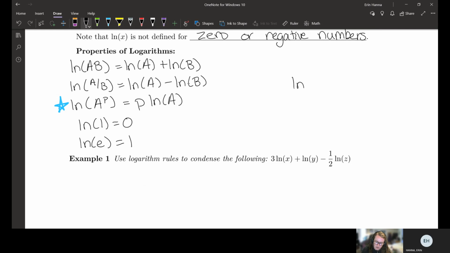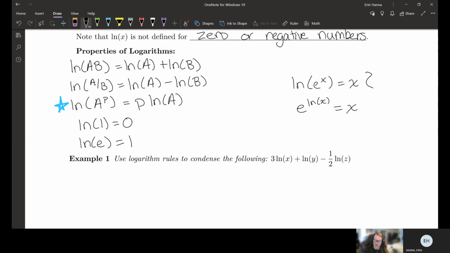There are 2 more, not usually listed as the properties, but they're 2 important pieces that happen with e and the natural log. If you have the natural log of e to the x, the natural log and the natural base of e essentially cancel each other out and just leave you with x. Same thing if you have e raised to the natural log of x, you also get x.